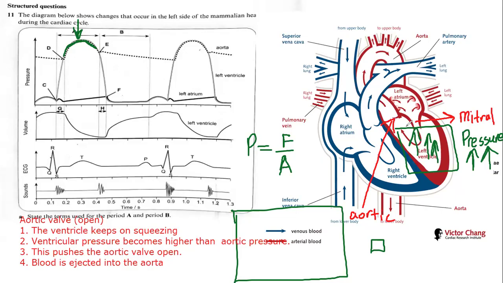What causes it to open? The pressure in the left ventricle becomes higher than the pressure where? In the aorta. Let's try that one more time. What causes the aortic valve to open? The pressure in the left ventricle becomes higher than the pressure in the aorta. Very good. So that causes the aortic valve to open. That makes sense? Yeah. Okay, good. Let's move on to the next part.